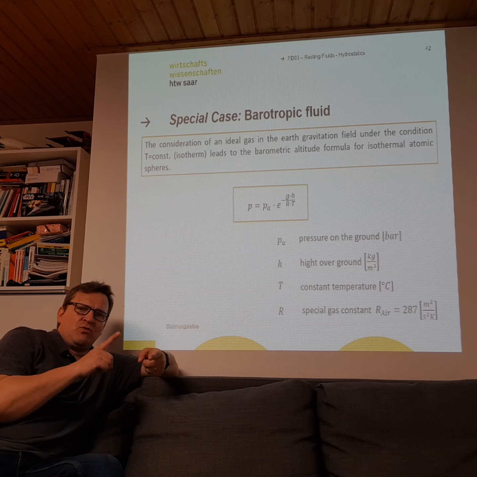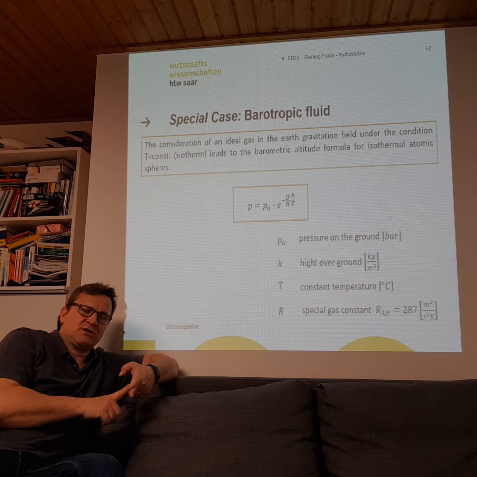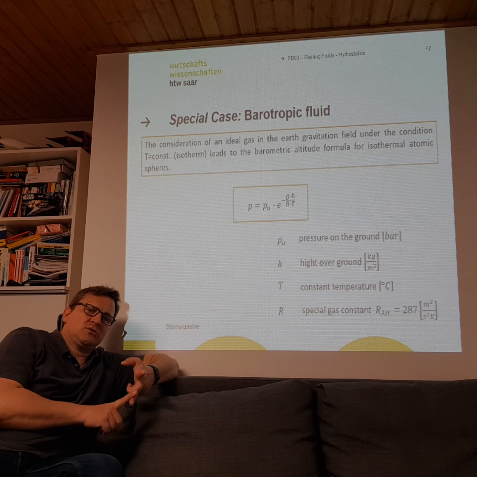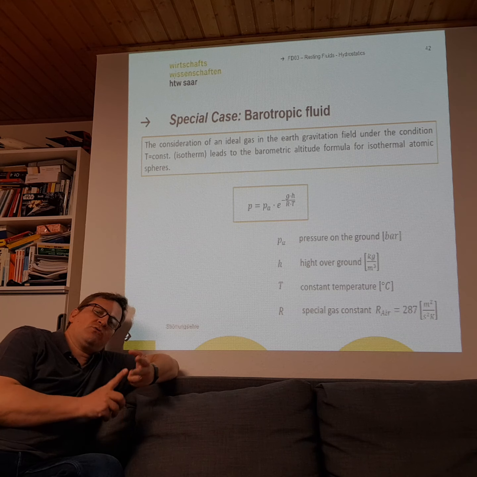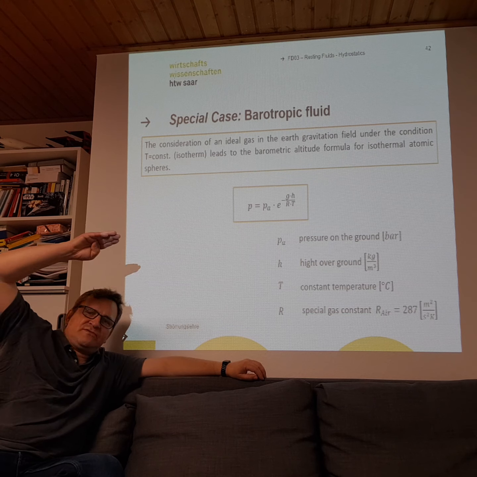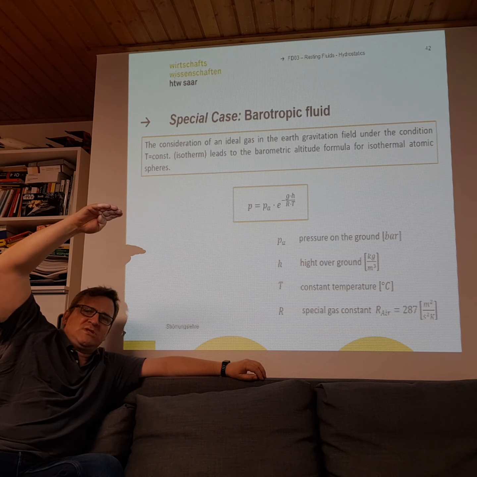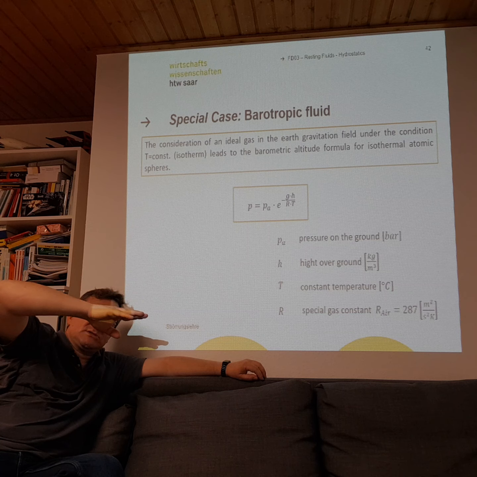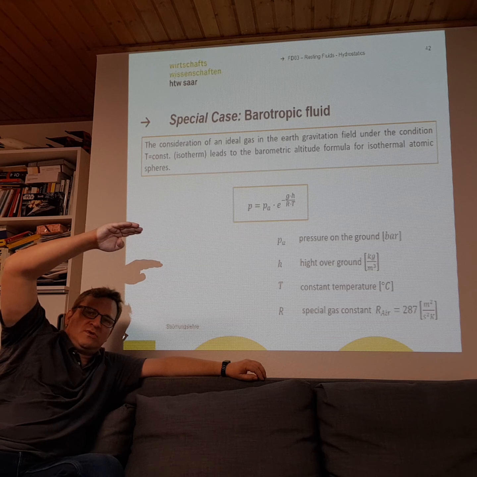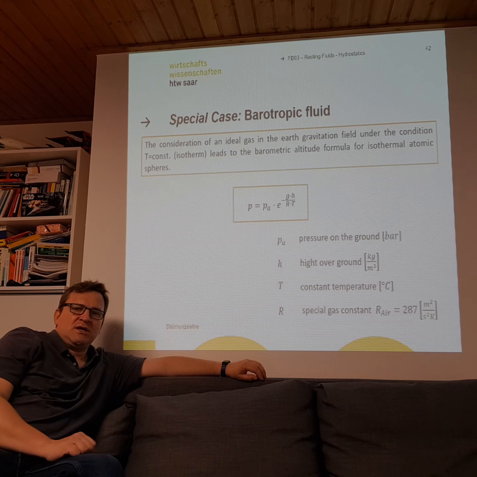So please remember, water has a density of 1000 kilograms per cubic meter. Air has roughly a density of 1 kilogram per cubic meter. And if we now look back on our planet, we have an atmosphere height of round about 10 kilometers, and we multiply this 10 kilometers with the density, we get exactly 1 bar here at the ground.